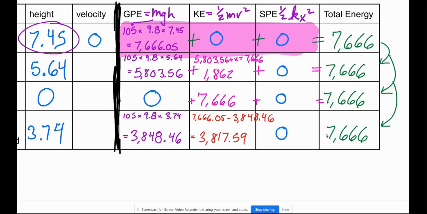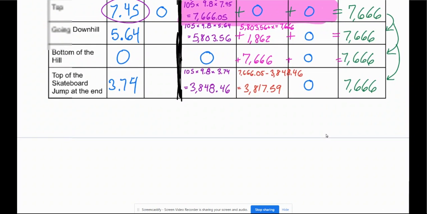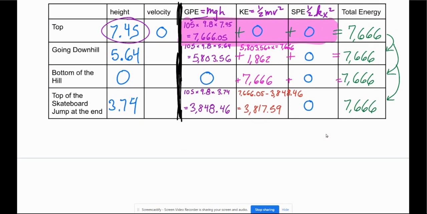All right. Now that I have that, I have all of the energies filled in, which means now I can find my velocities. And finding my velocity is going to be the same thing as I did before, where I can solve for my velocity using the kinetic energy equation. So if I look at all these equations, the only one that has velocity in it is kinetic energy.